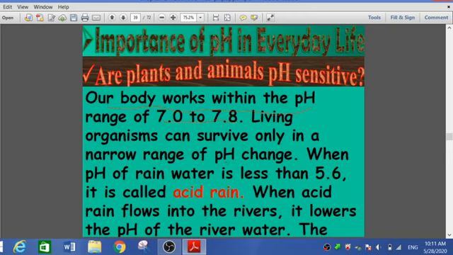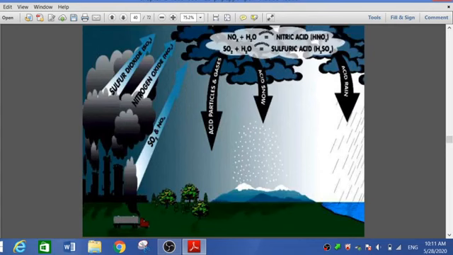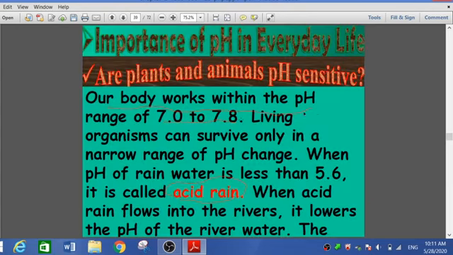When the pH of rain is less than 5.6, it is called acid rain. When acid rain flows into the river, it lowers the pH of the river water. So this is related to acid rain. Again, our body works at a pH of 7 to 7.7.